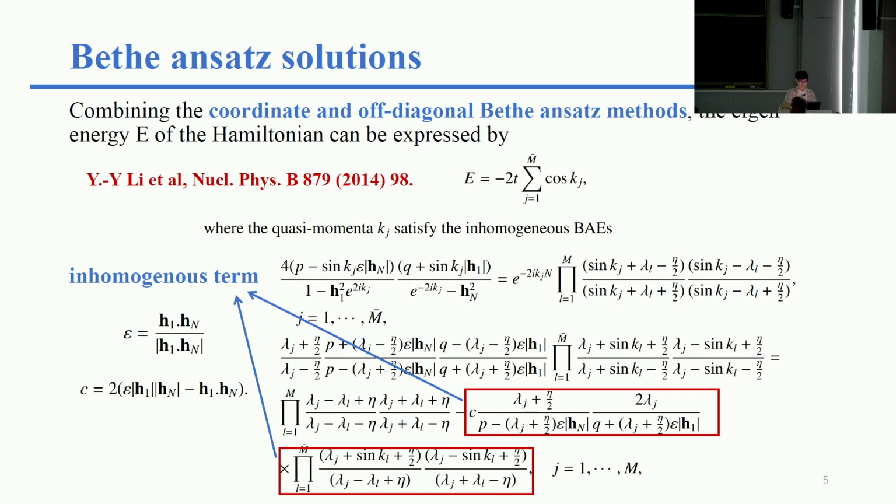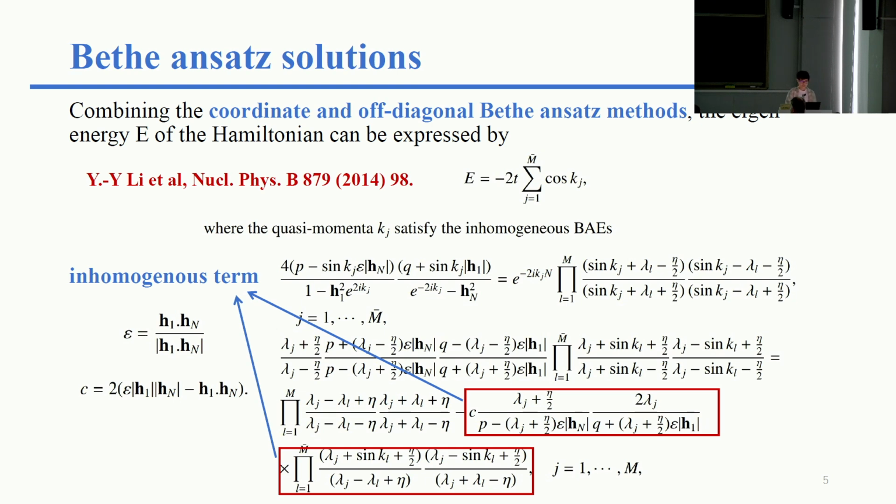Combining the coordinate and the off-diagonal Bethe methods, we can give the eigenvalue of the Hamiltonian. If you want to know more details about this approach, you can read this paper.